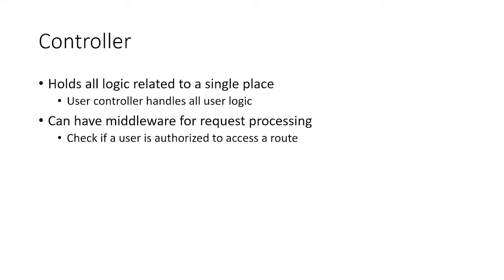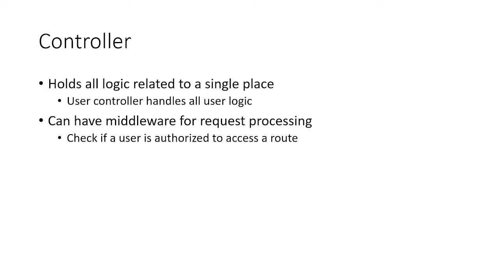So for example, if a user wants to access protected content, like if you're building a website for managing your own notes or something like that, and the note itself is set to a private mode, as in use it for yourself.